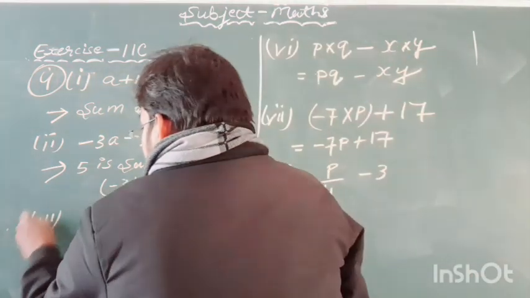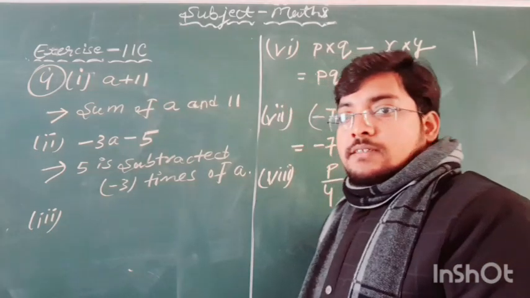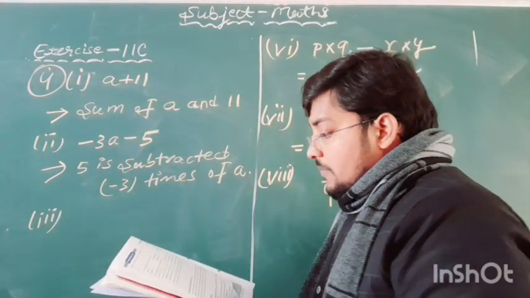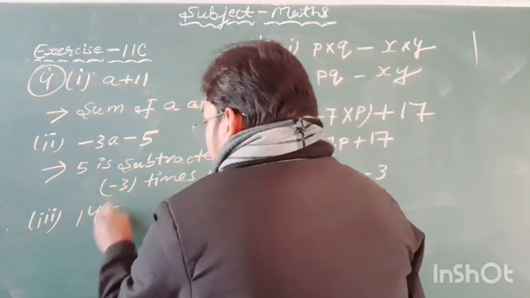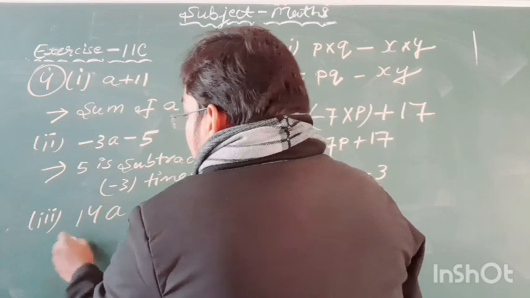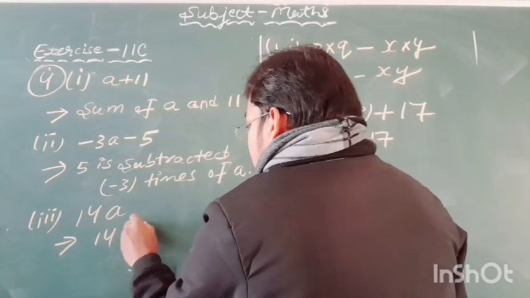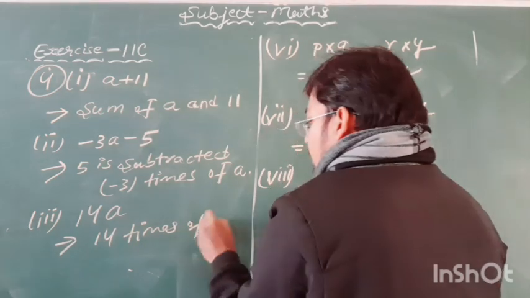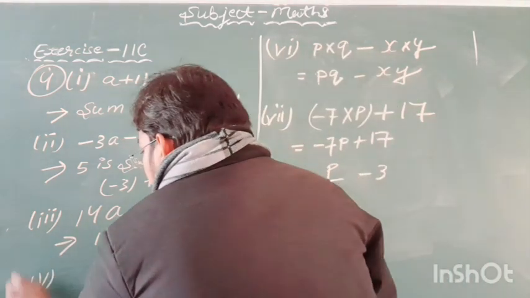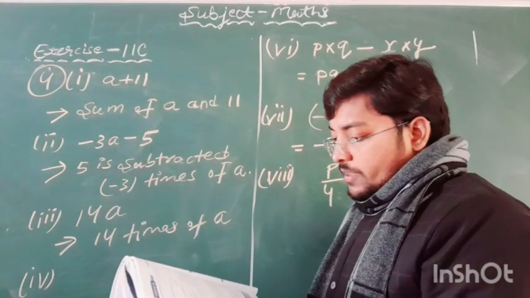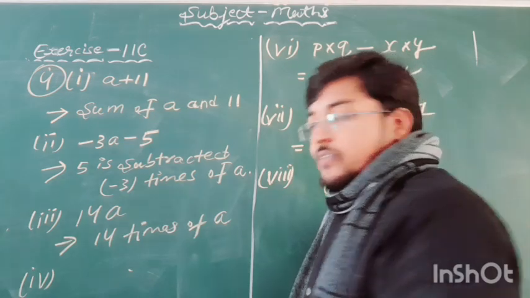Third is 14a. 14a means it is 14 times of a. Fourth is x upon 14.